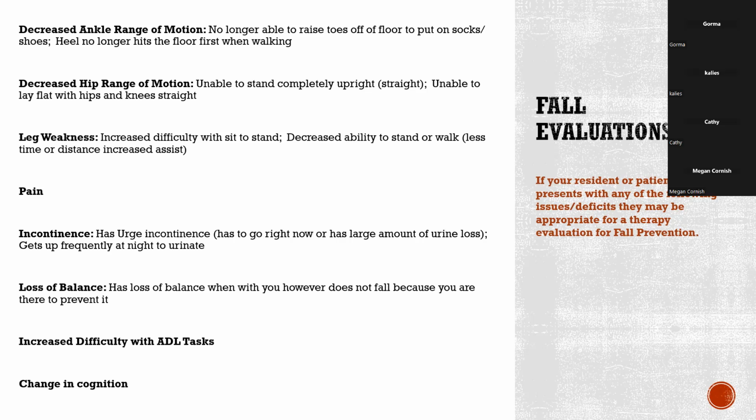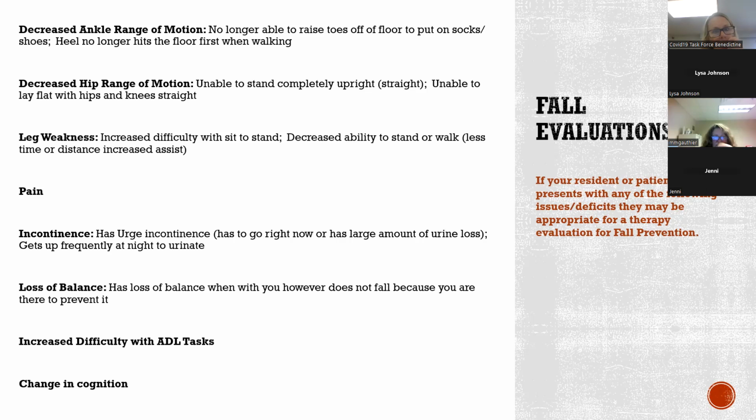Just because you don't fall and somebody's there to prevent it doesn't solve the intervention. A lot of times when I read interventions, they'll say walk to dine, assist resident to the dining room, physical assistance. Well, that's great and fine and dandy, but that doesn't prevent the fall moving forward.